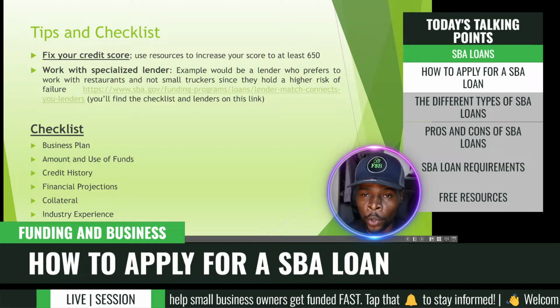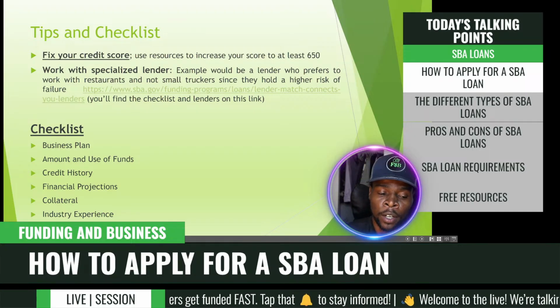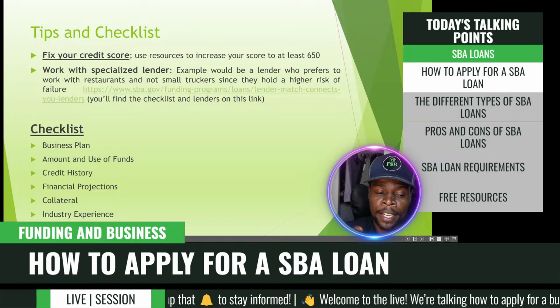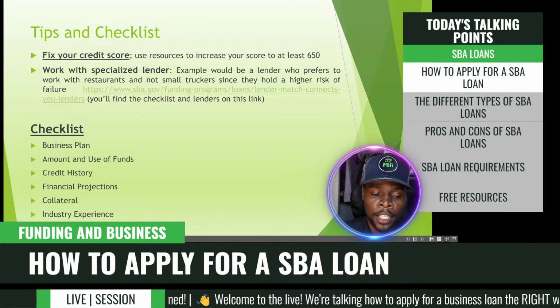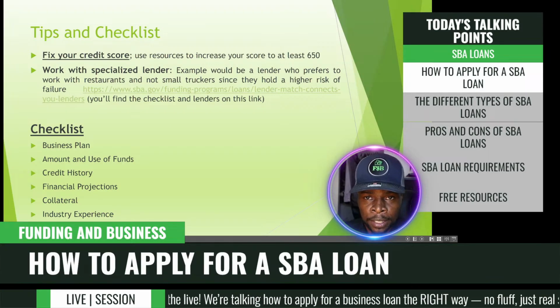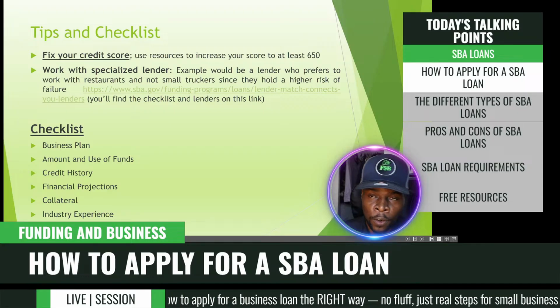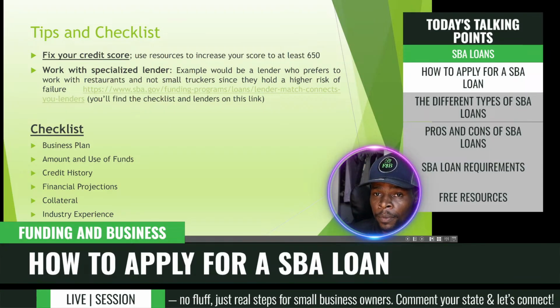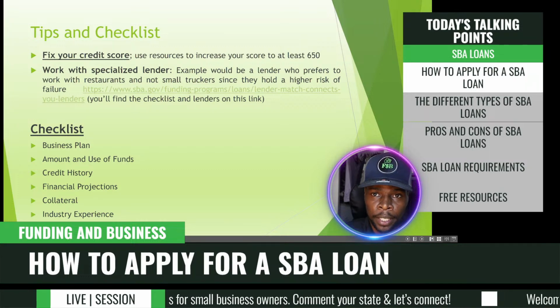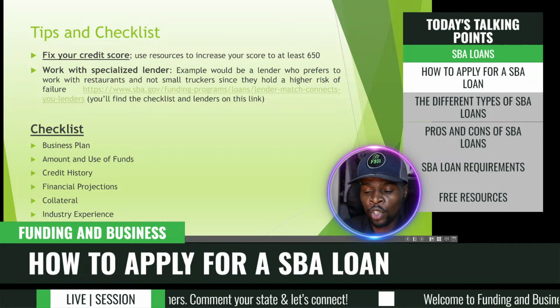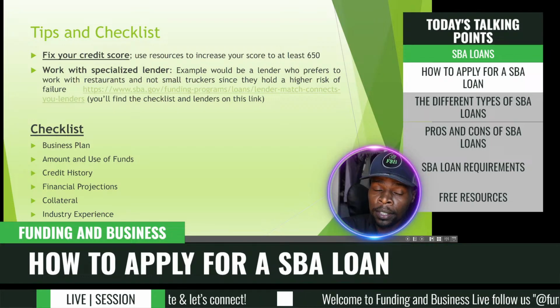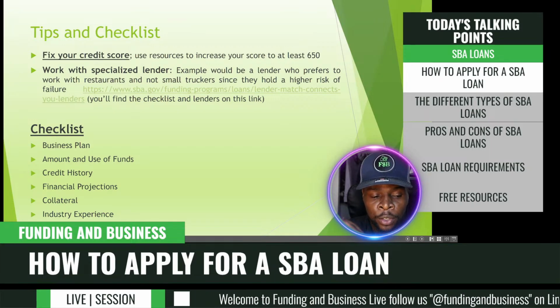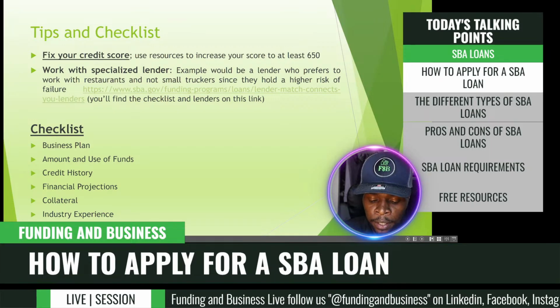Again, I'll show you guys where to go to get the business plan and financial projections. Now the industry experience, usually that's what they say, 2+ years in experience. The collateral is just plain self-explanatory, because with collateral you can use your houses. You cannot use stocks, but you can use houses or land.